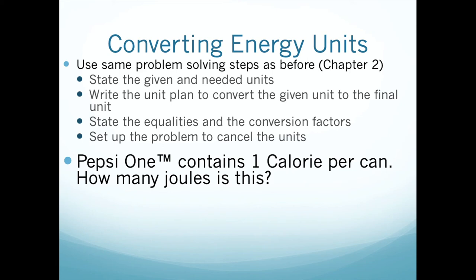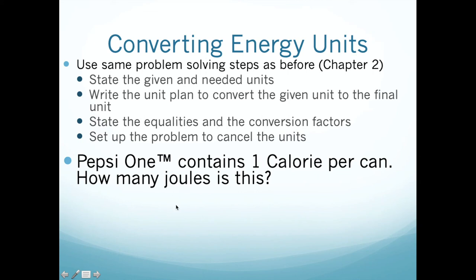I know this is a silly starting off problem. I'm going to use this number to do a later calculation. Feel free to pause this here, but think about how you would set this up. We're starting with 1 capital C calorie, that's our starting point, and we want to set this up so that we wind up with joules at the end. So you want to find some conversion factor between capital C calories and joules.